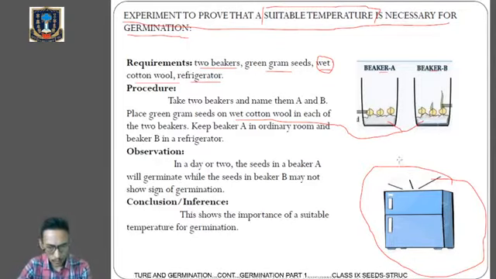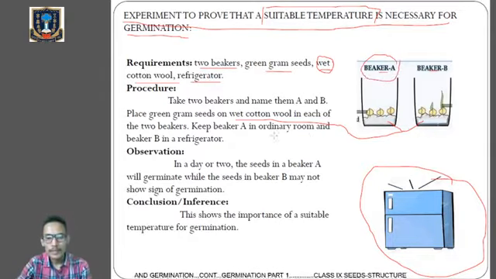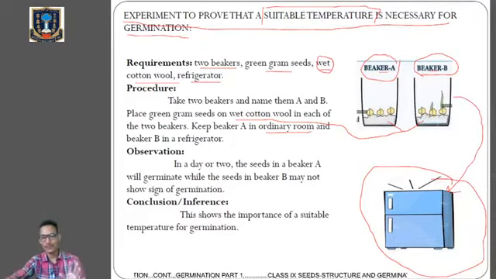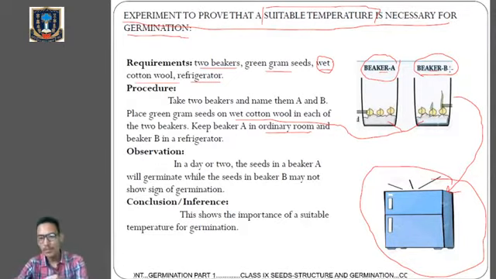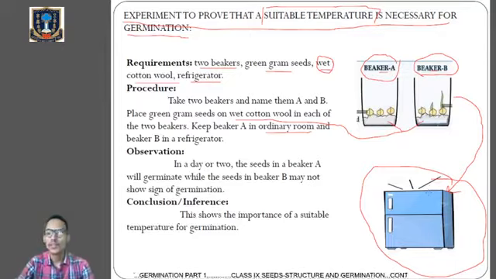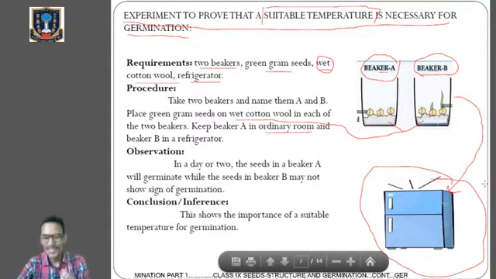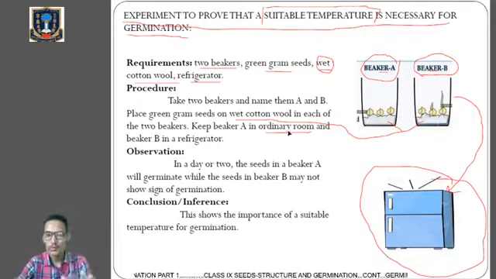Now beaker A will be kept in an ordinary room at room temperature, and beaker B will be kept in a refrigerator. The temperature in the refrigerator is very low compared to room temperature.